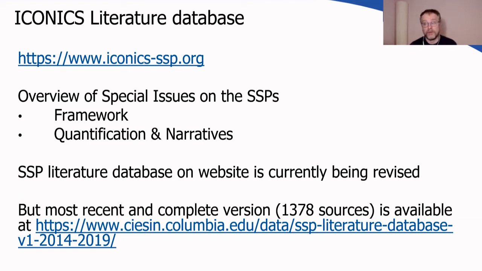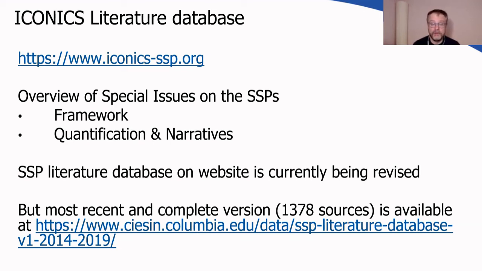However, with the recent O'Neill et al. paper on the achievements and needs of the scenarios framework, there's also a new literature overview database with a little bit broader focus, and it has almost 1,400 papers and research sources available.